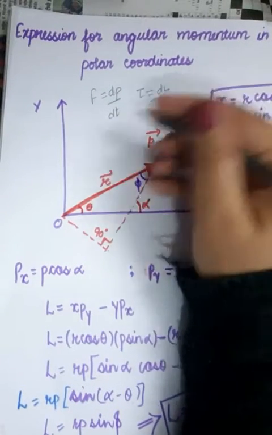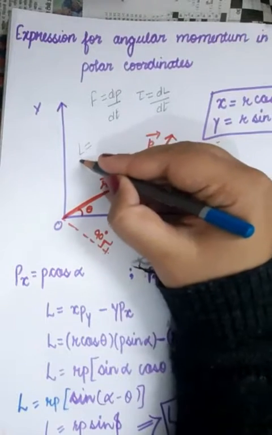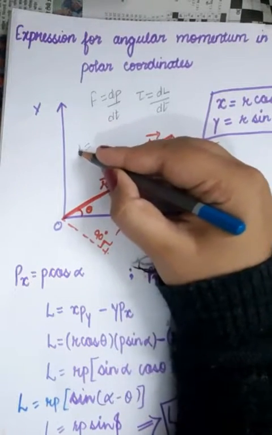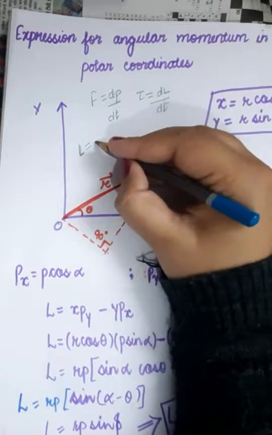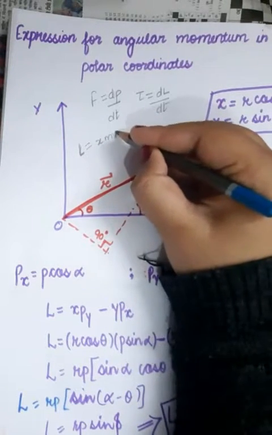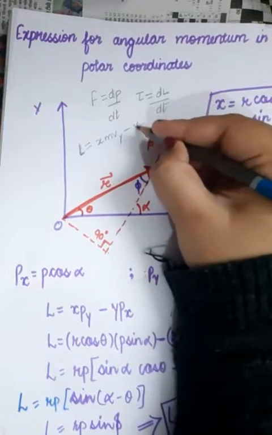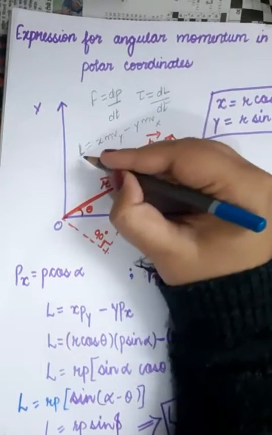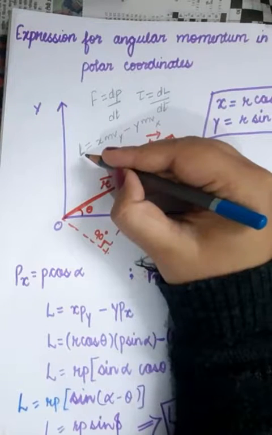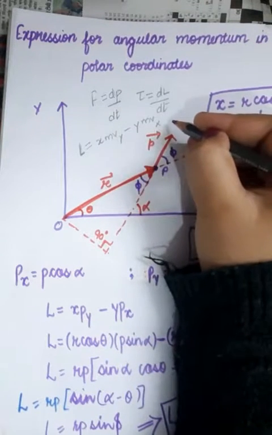So in the last video, we had discussed that the expression for angular momentum is given by x mvy minus y mvx. So this is the expression for angular momentum in Cartesian coordinates.